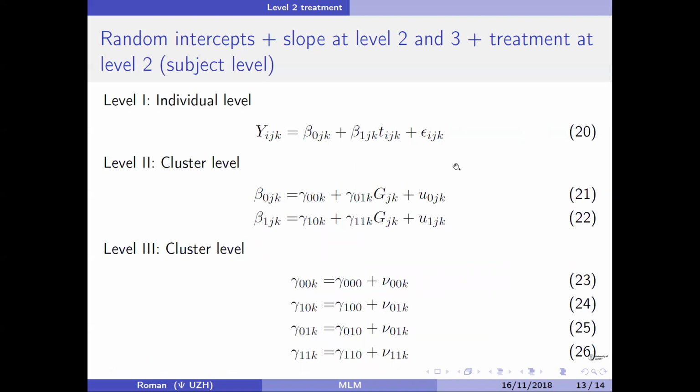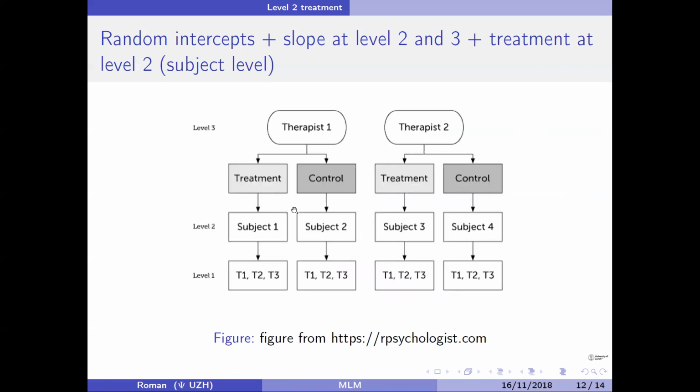And in this formulation, because level 3 is being controlled for by the therapist, we are now introducing the treatment effect at level 2 effectively. Because here you are either a treatment subject or a control subject.